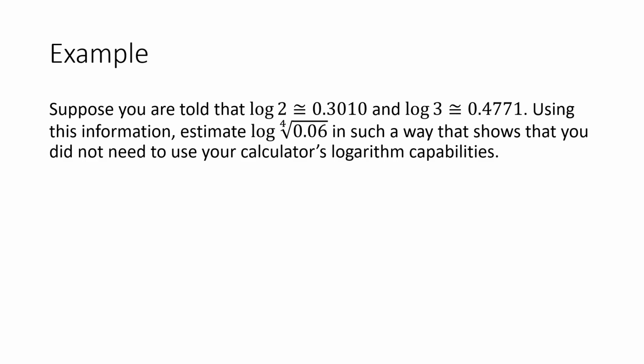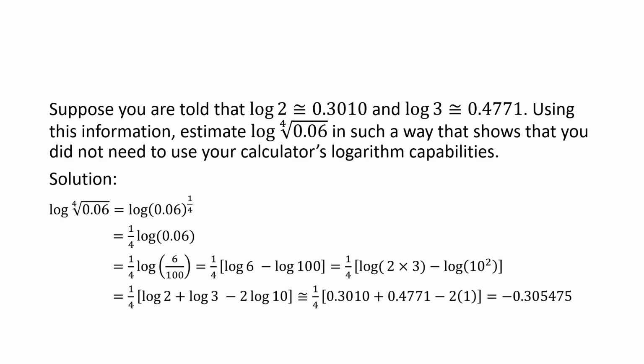Now, one more of these questions. Suppose we've got the same information shown, and we're looking for the log of the fourth root of 0.06. Well, the fourth root of 0.06 is the same as the log of 0.06 to the exponent 1/4.